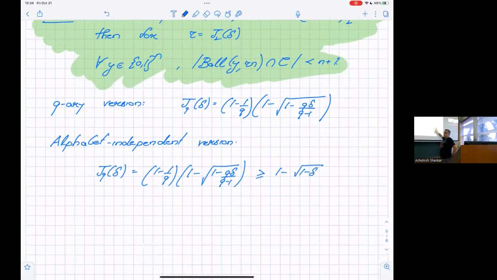For any value of q, it's always larger than this. Therefore, the Johnson bound sometimes is just stated this way, if you don't know the alphabet. Up to this point, which is a smaller number than if you know the alphabet q, you can get a more refined Johnson radius. Up to this point, the list size is always bounded.